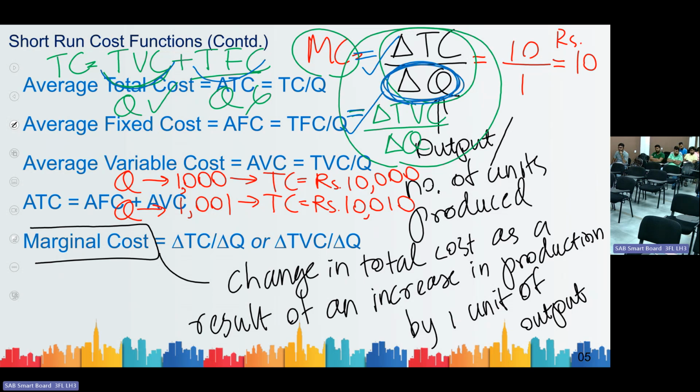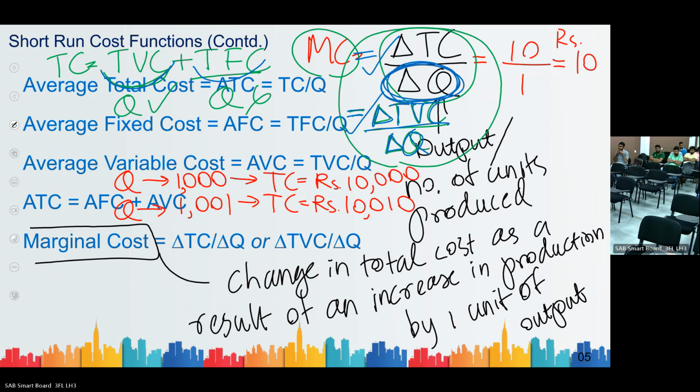Therefore, alternatively, we can calculate marginal cost as change in total variable cost divided by change in output. That also will give the same answer for marginal cost.